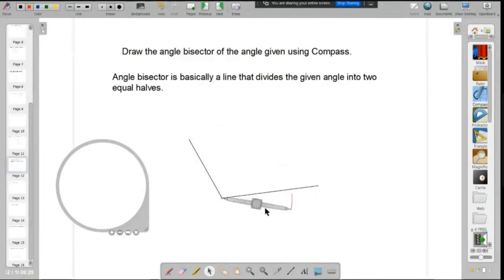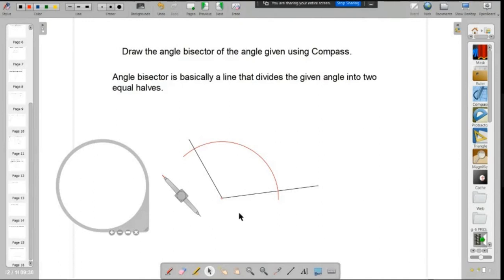I will undo that and minimize the length of the compass. You see, now both the arms will be cut. Now I will rotate it, and it intersects both the arms of the angle.